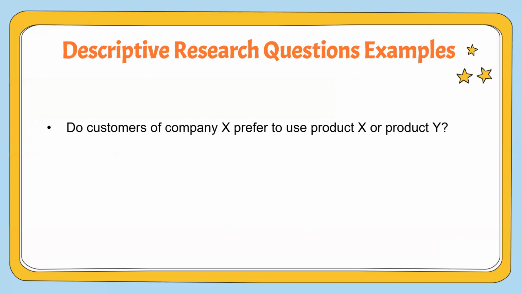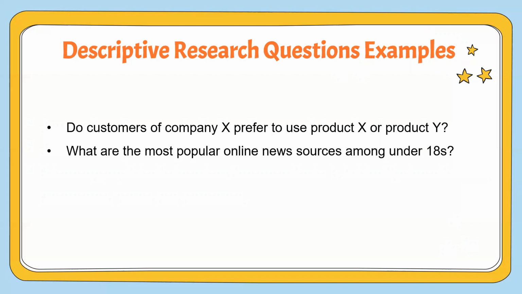The first is, do customers of company X prefer to use product X or product Y? So we are more concerned about which product the customers prefer to use, rather than why they prefer to use it. And then what are the most popular online news sources among under 18s? And then how prevalent is disease A in population B?